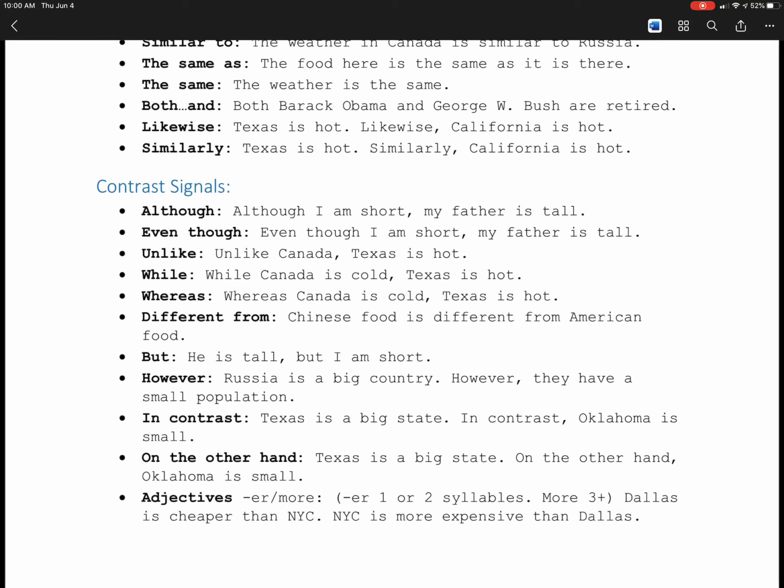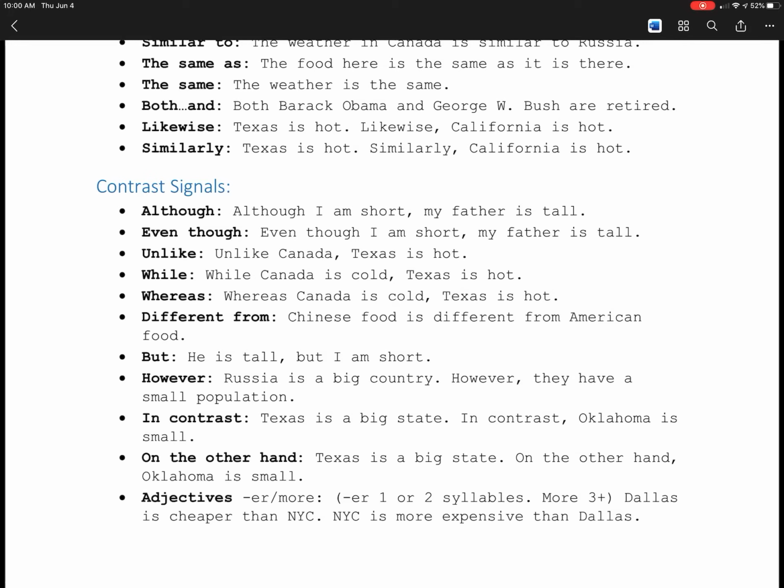Hopefully that's easy. For however, in contrast, and on the other hand, these three will have a similar structure to likewise and similarly. We need to have two separate sentences. Russia is a big country, period. However starts the new sentence, and after however, we need a comma.